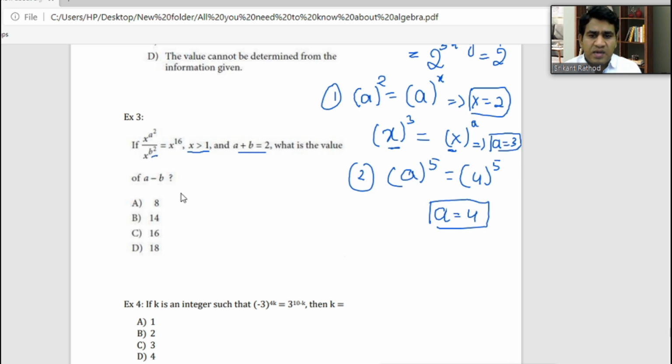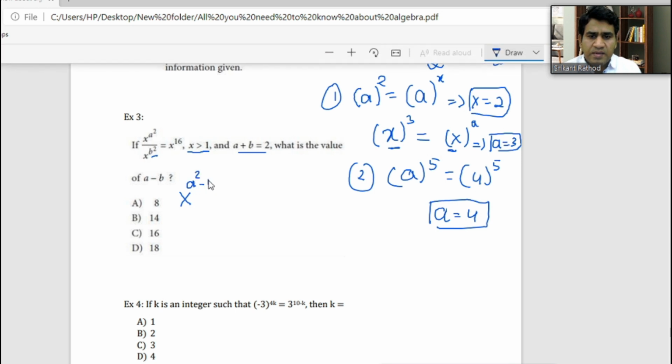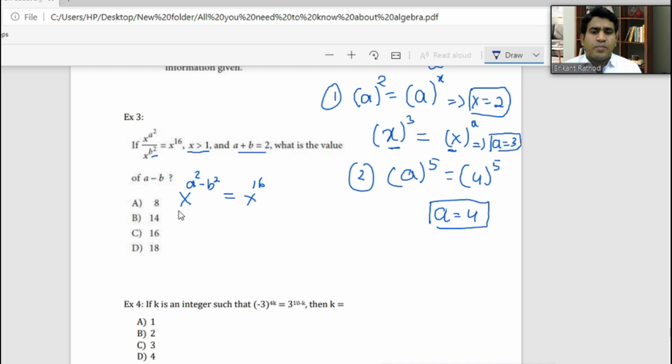So this can be written as x to the power a square minus b square, which is equivalent to x to the power 16. In both cases the base is the same, that is x, so I can equate their powers. So I can write a square minus b square is equal to 16, right?